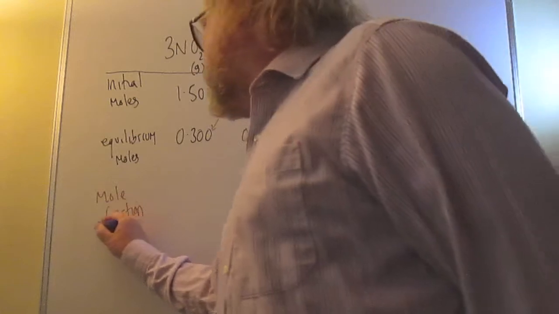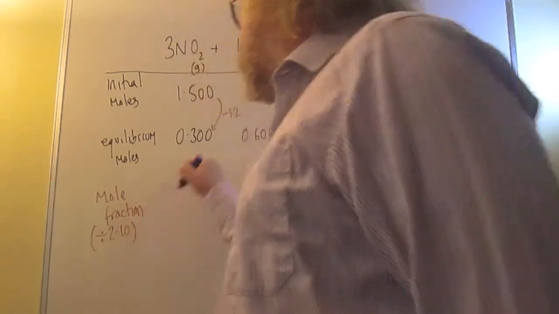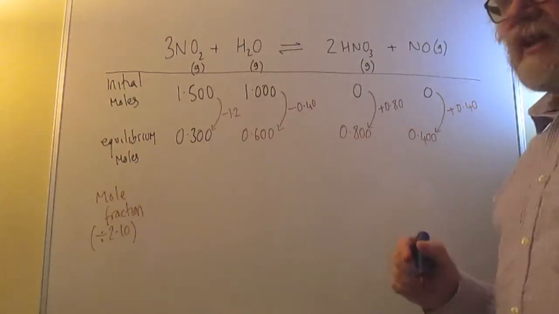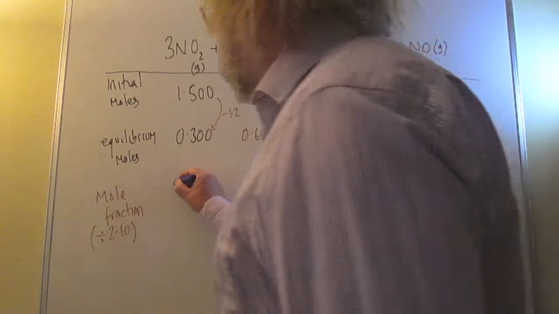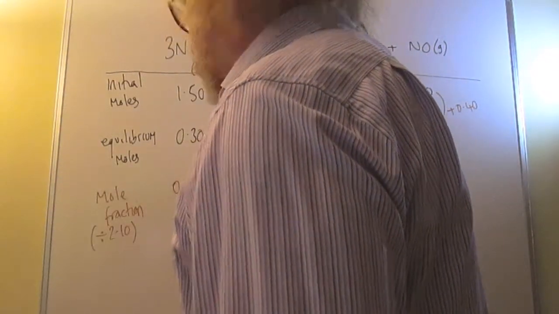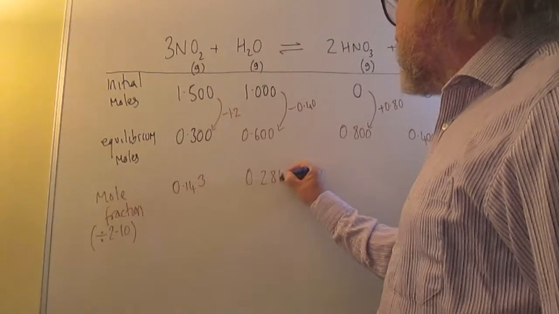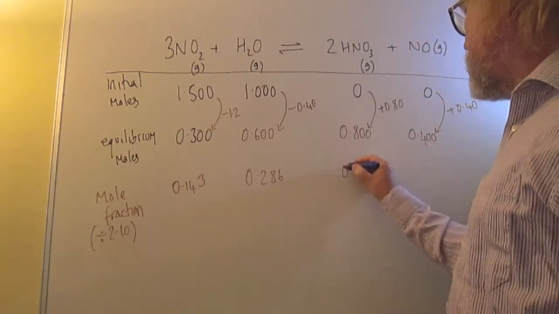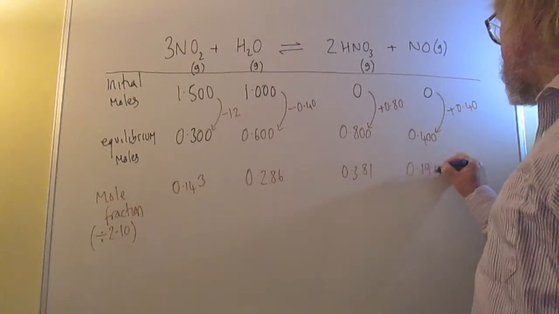So the mole fraction is just these numbers of moles divided by 2.10. So if we compute those, we get 0.143 for this one, 0.286 for that one, 0.381 and 0.190.